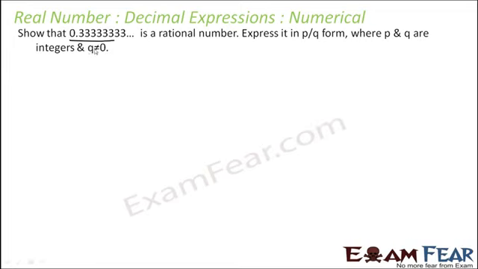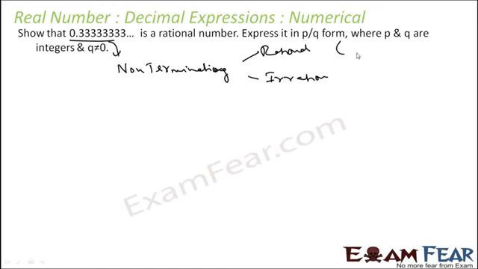Show that this is a rational number and express it in the form of p by q, where p and q are integers and q is not equal to 0. If you see here, is it terminating? No, it is non-terminating. Since it is non-terminating, it can be either rational or irrational. In case of rational, it has to be repeating.